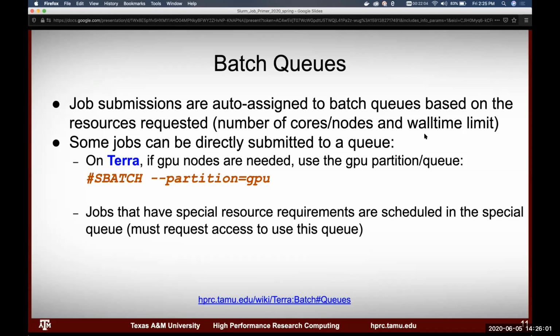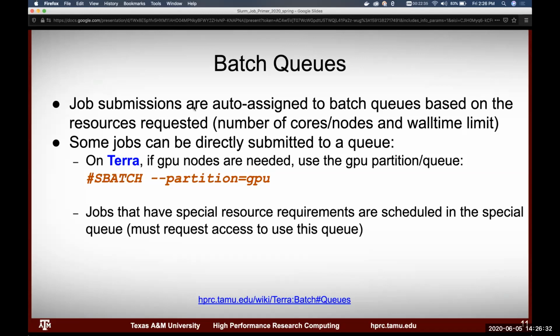So if you have a special resource requirement that would otherwise be hard to get normally, just organically through the natural ecosystem of the cluster, send us an email, and we'll work with you and schedule a time for you to jump into that special queue. Jobs are auto assigned their queues based on how many cores and how much time your job's going to run for.